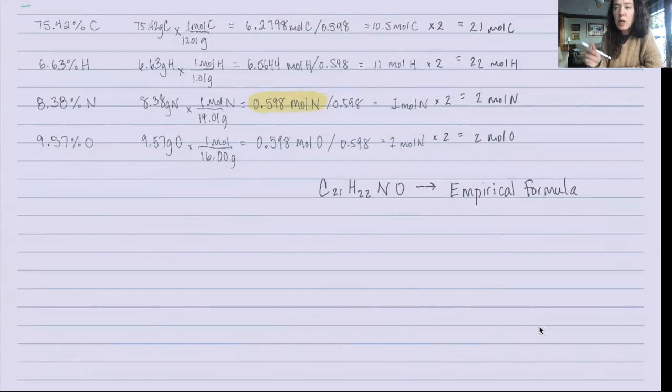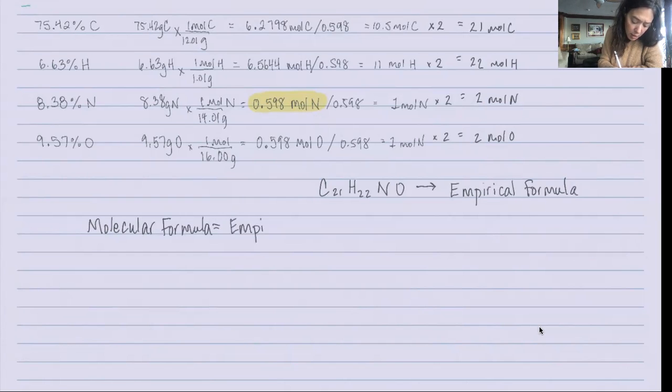However, we also need the molecular formula. Remember that we said the molecular formula can be found, or you get it by taking the empirical formula and multiplying it by some number, right?